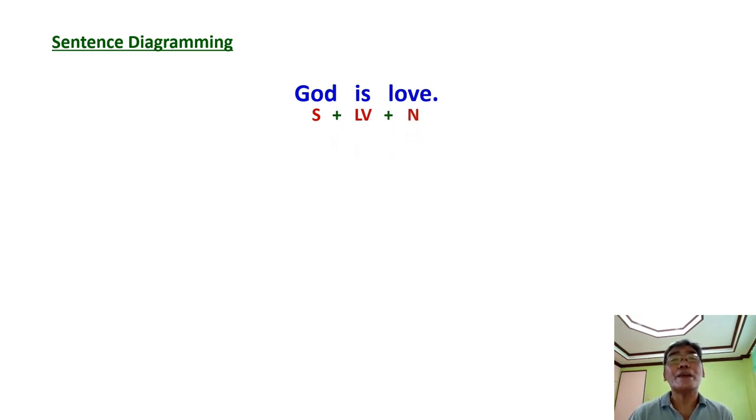The initial step in diagramming a sentence is drawing a horizontal line. This horizontal line represents the base sentence, meaning to say, the words to be written on our horizontal line are only those words comprising the base sentence.